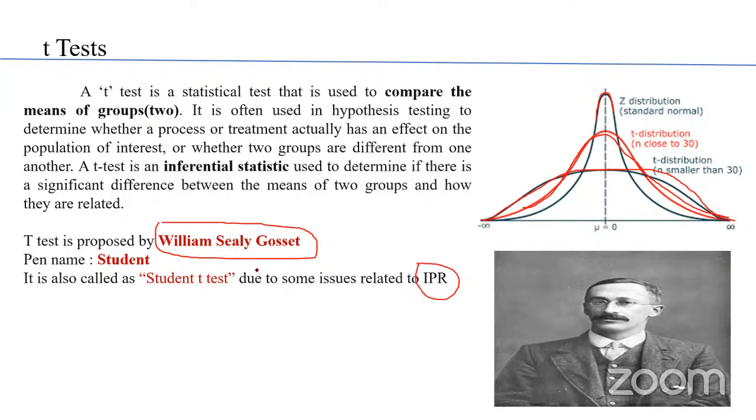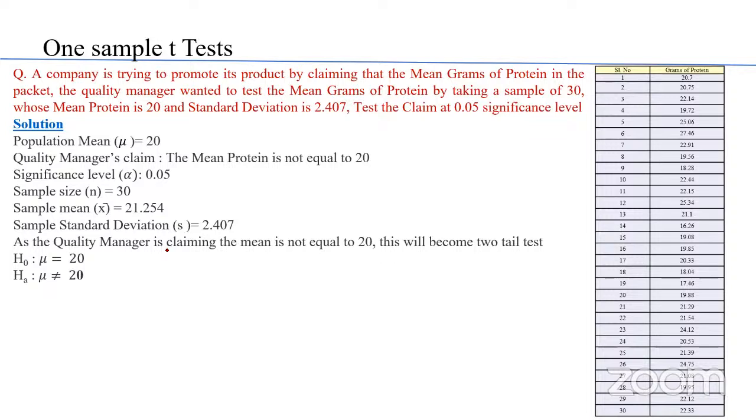Some people forced him to use the institution name, but he didn't want to, so he named it with his pen name, Student t-test. That is the reason why we come across either t-test or Student t-test in some cases, right? Okay, so with that, I'm going to a particular example.